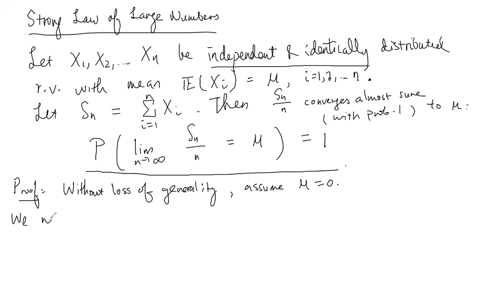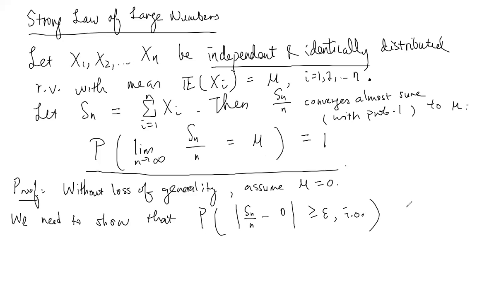So we need to show that. Equivalently, this statement is the same as showing the following, right? Exceeding epsilon infinitely often is equal to 0, right?